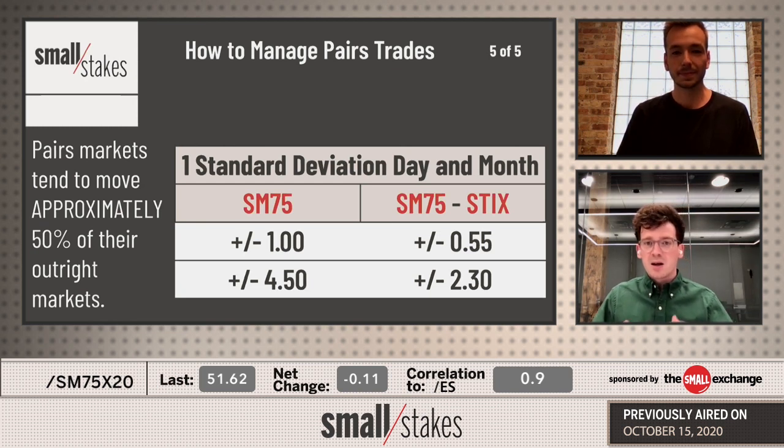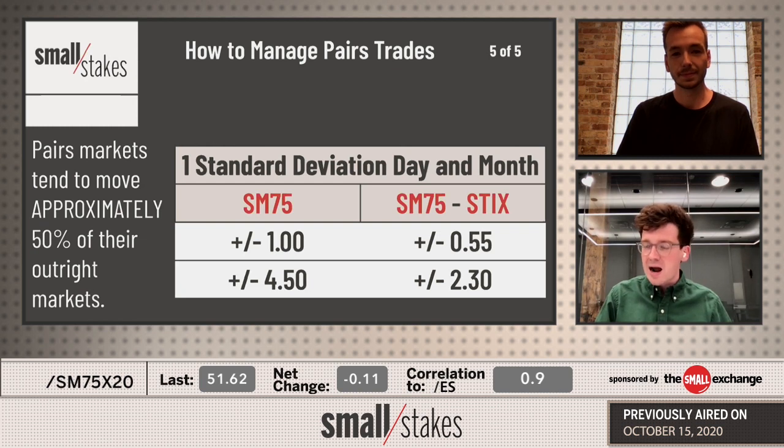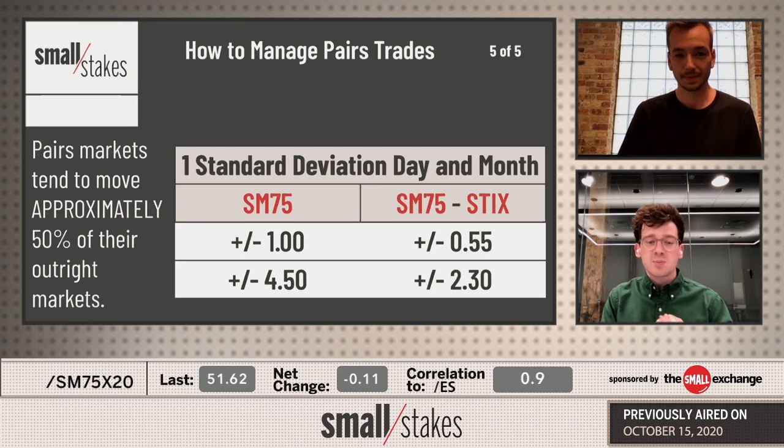But yeah, people always think about pairs trading or anything that is a step beyond purely stock picking or speculating on outright futures markets as being, I've got to create this whole other sense of mechanics. No, take your same mechanics, but just reduce those expectations down to something realistic, which is here about 50% of those outright markets.